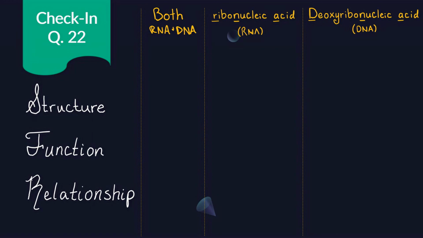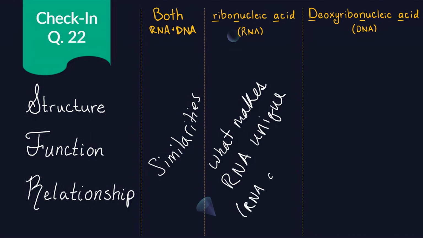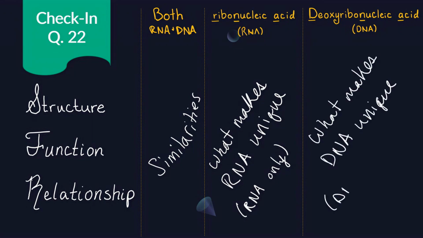So in the first column of your table, you should record the similarities in structure between RNA and DNA, the similarities in function between RNA and DNA, and then the bottom row, for the entire row, you can just write the relationship they have to one another. So the answers in the bottom row can all be the same. The second column should go over the structures and functions that are unique to RNA, so RNA only. And the final column should go over the structures and functions that are unique to DNA, so DNA only.